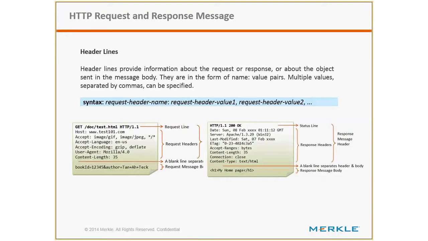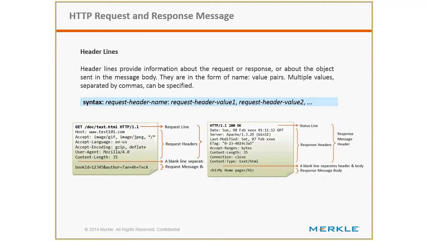If the server has multiple versions of the requested document, for example an image in different versions like GIF, PNG, or JPEG, and the client says it prefers GIF, then the server will send the client the image in GIF format.